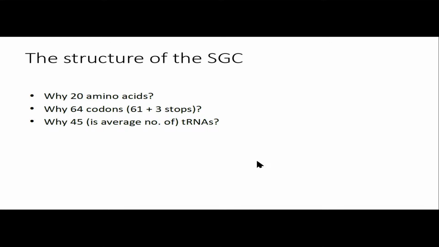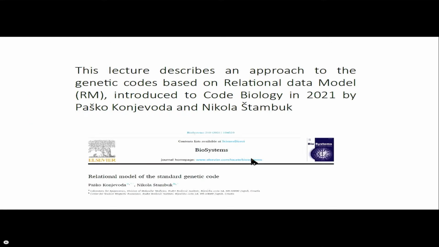So one can manipulate the algorithm and the dimension calculation. 6 is usually enough for binary and Cantor, so for exponents 2 and 3, it covers well. So the structure itself: 20 amino acids and 64 codons, out of which 61 are for coding and 3 for stops, and about 45 transfer RNAs on average.